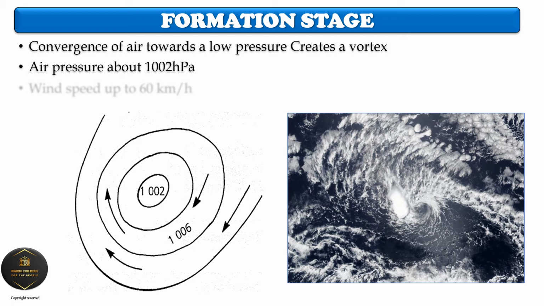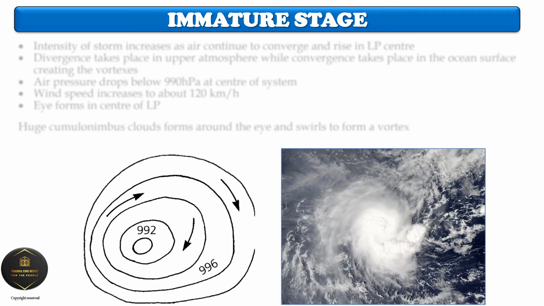Remember, these are estimations, but if you look at the diagram here, it's showing us exactly that. So pressure at the center is relatively higher, and the wind speed is 60 kilometers per hour. So we still have slightly weaker winds. I hope we saw how the clouds also look. They are a bit scattered and not fully formed.